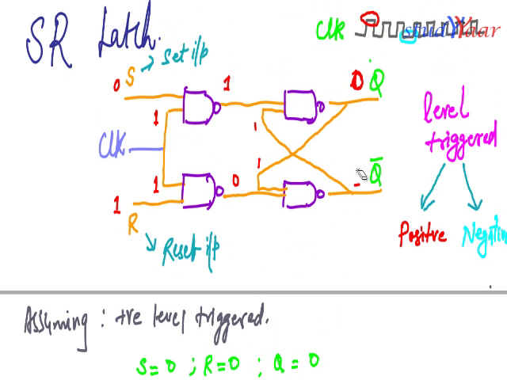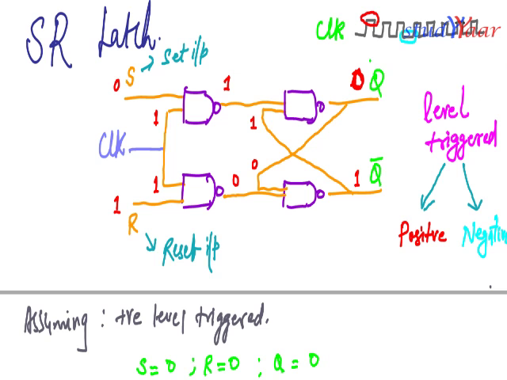Q is equal to 0 as it is. We are going to take off everything else. This also is going to remain same because I have not changed my inputs. Okay, so this is 0, this is 0, 0.0 is 0 and invert of that is 1. I get 1 over here, 1.1 is 1 and invert of that is 0.